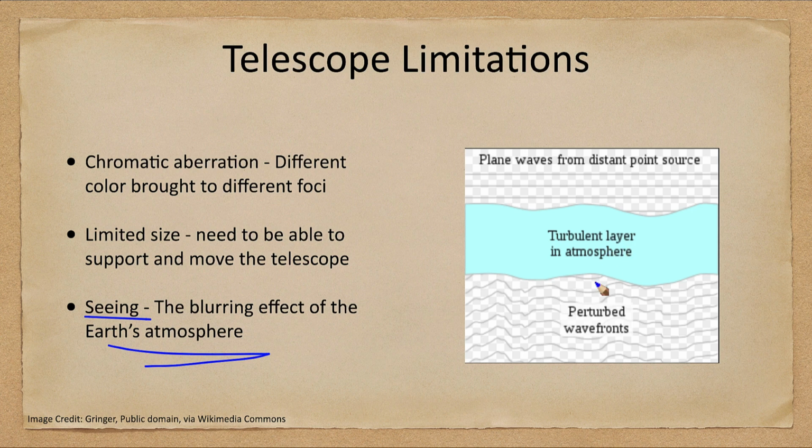It goes through this turbulent atmosphere and then the light is all distorted. And that makes it very hard to see a clear image. And the resolution is really not defined by the telescope, at least for a telescope on Earth, but is often defined by the atmosphere. So you want to put a telescope in places where the atmospheric effects are the least. That's why a lot of telescopes are in high mountains.